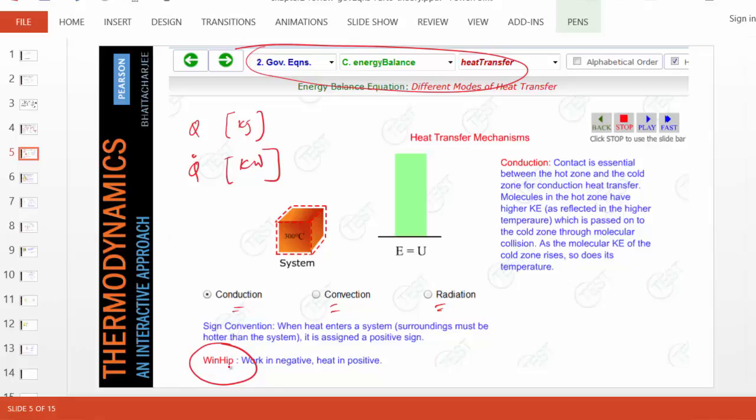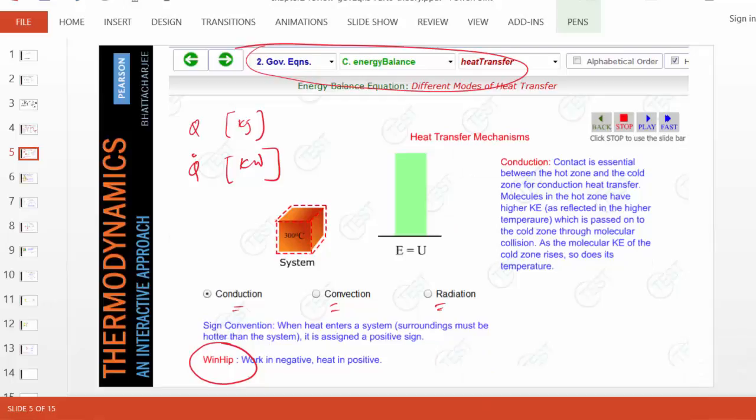That is, when heat is added to a system, we call it positive by convention, and when heat is taken out of the system, it's called negative. We will see the use of sign convention, which will become very important when we build the energy equation, because Q will enter the energy equation as an algebraic quantity.